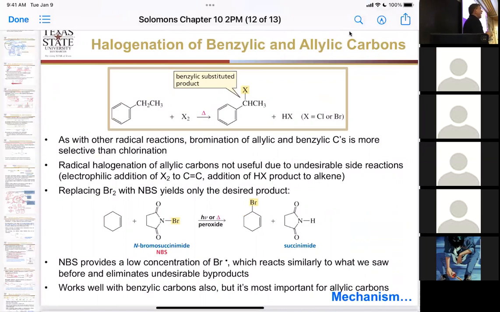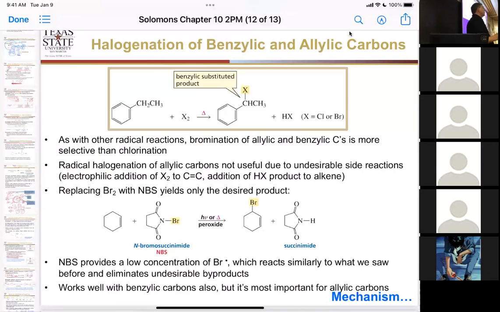Well, your bromine can add across the double bonds, right? It can brominate that double bond, and then you can have a secondary bromination. Or it can add across the double bond using a different mechanism, right? It's cold in the dark, it adds across the double bond.